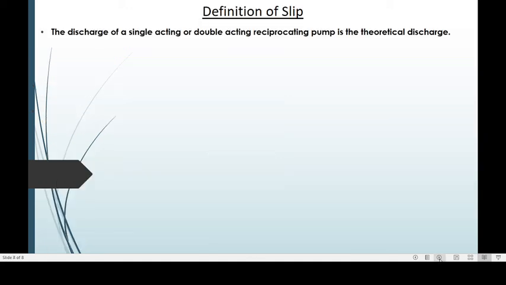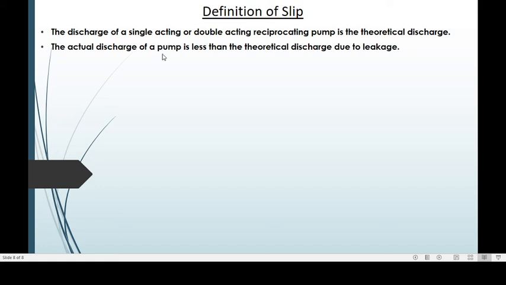Next, what is slip? The discharge of a single acting or double acting reciprocating pump is your theoretical discharge, or Q theoretical. The actual discharge a pump makes is always less than the theoretical discharge, due to what?